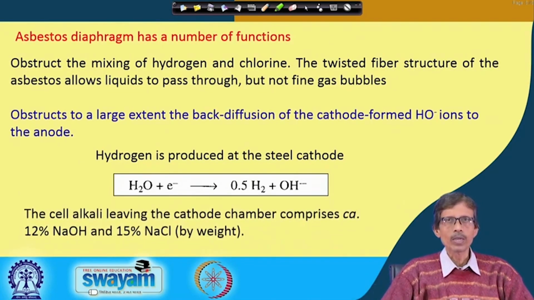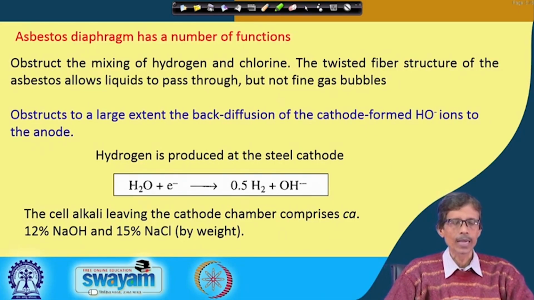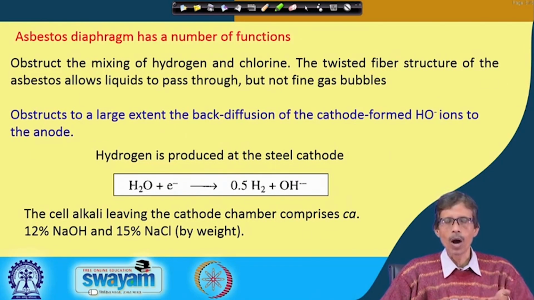And by doing so, the cell alkali leaving the cathode chamber, that means the alkali leaving that cathode chamber, comprises 12% of NaOH and 15% of NaCl by weight, because you already have a high concentration of sodium chloride. So, the sodium chloride concentration will come down and the sodium hydroxide concentration will go up.